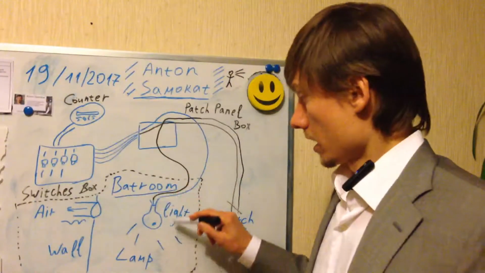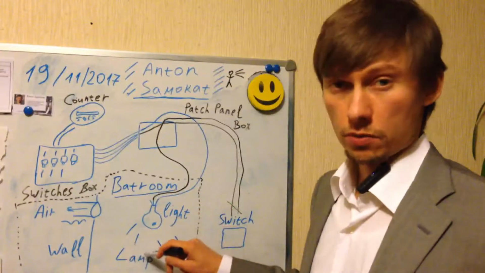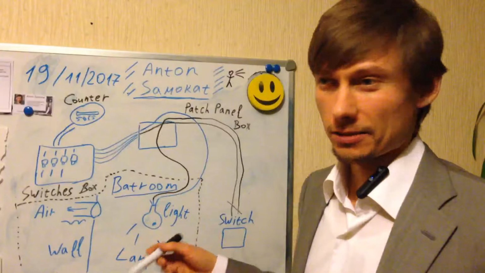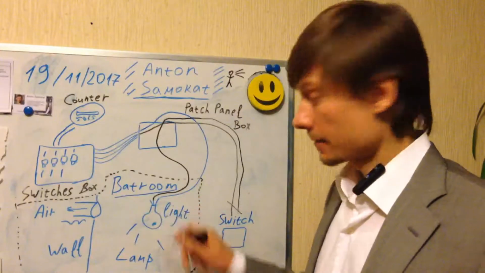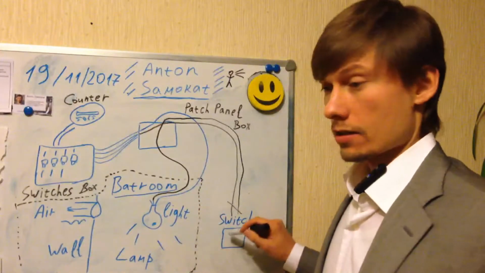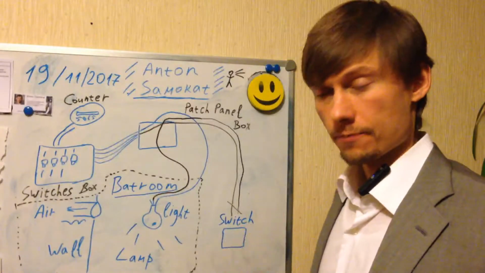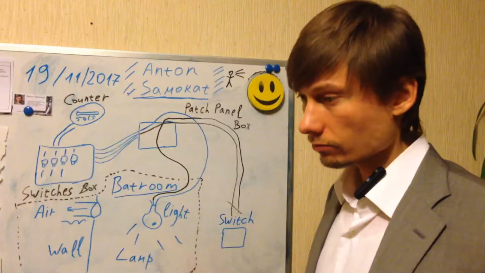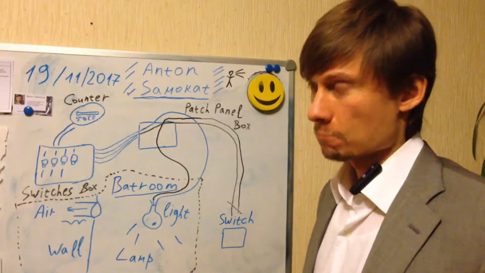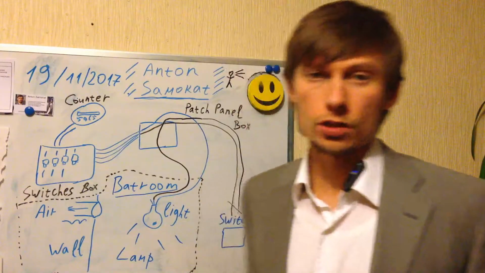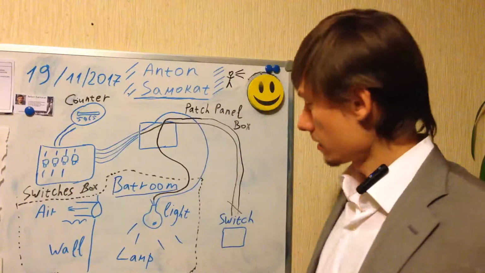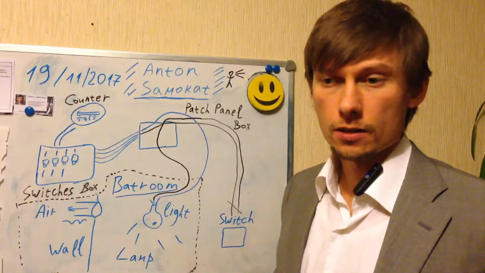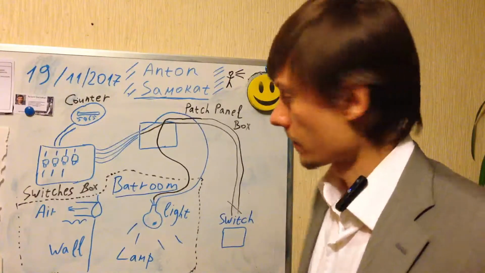In the bathroom there is a lamp which can produce the light when the switch is on, and the light is not shining if the switch is in the off position.